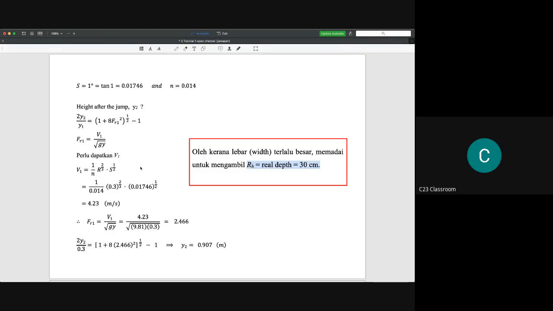So for this problem, we just use R equal to 0.3 meter. Then we get V1 of 4.23 meters per second. We calculate the Froude number 1 equal to 2.466, and then we calculate the value of Y2, which is equal to 0.907 meters.